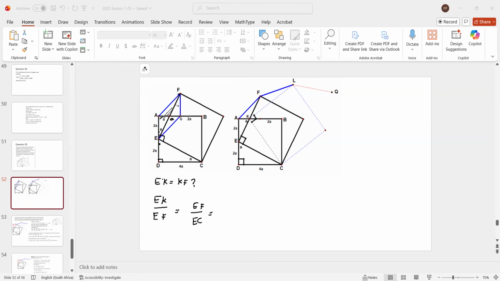But now you'll see that I'm looking at these two. EK is the hypotenuse of this triangle. EC is the hypotenuse of this triangle. And we said that those two triangles are similar. So this hypotenuse over hypotenuse will be equal to the ratio of the other two sides. So it'll be 2A over 4A. All these sides are in the same proportion. That's a result in similar triangles.